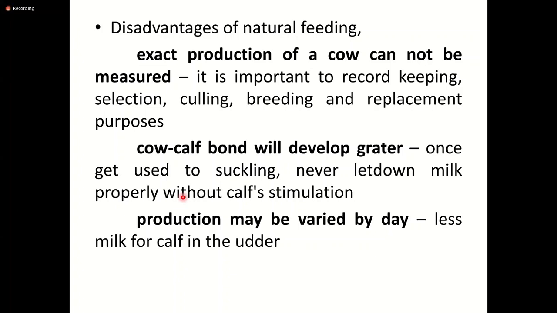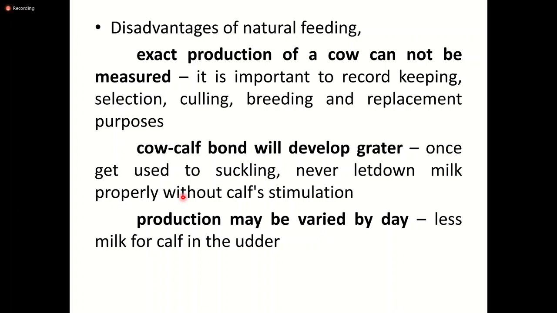But our main target is to have a profitable, economical farm, right? And we also want to harvest as much milk as possible from the mom. And we have to assure at the same time the young one is getting the optimum level of nutrients, right? However, once we let them be together, they will be bonding strongly, right?